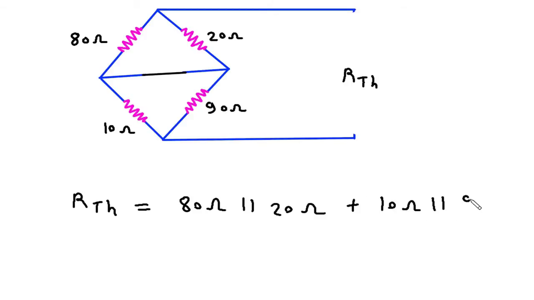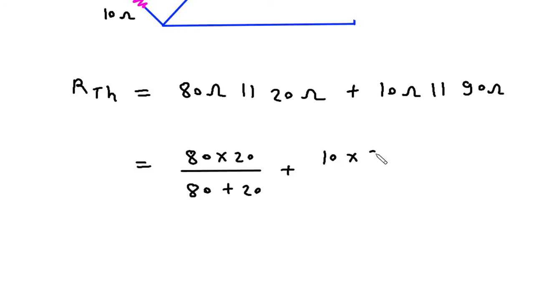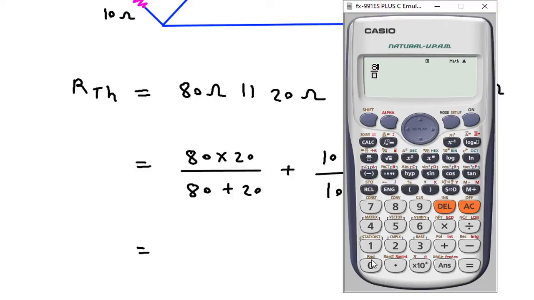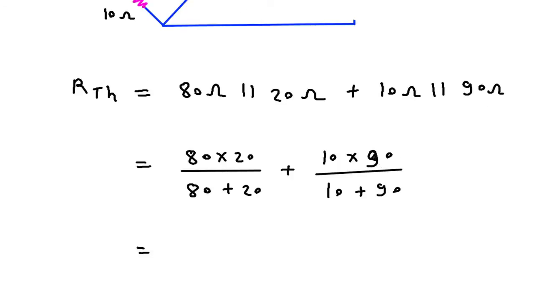This will be 80 into 20 divided by 80 plus 20, plus 10 into 90 divided by 10 plus 90. This is 90 because here it is 90.